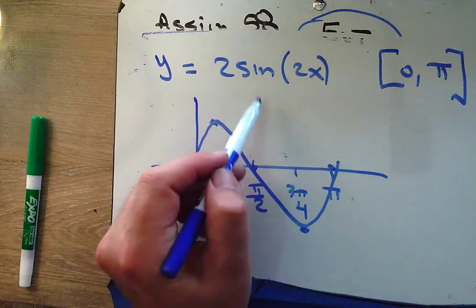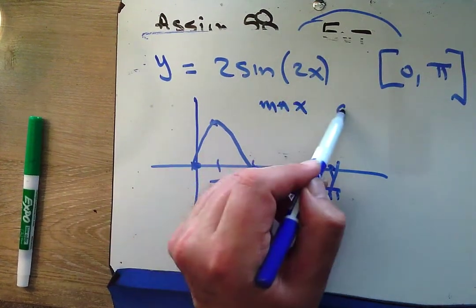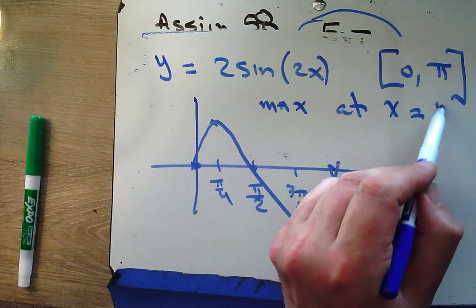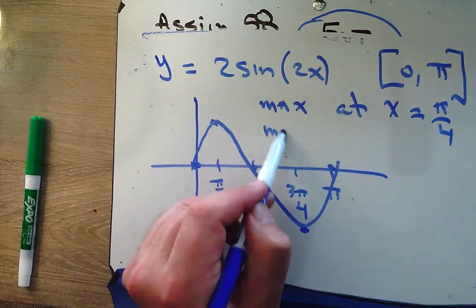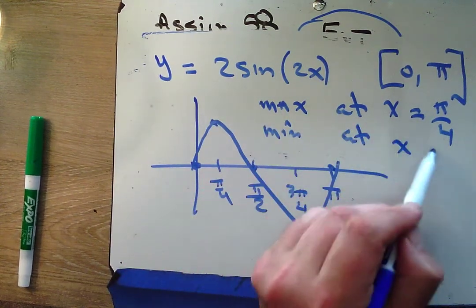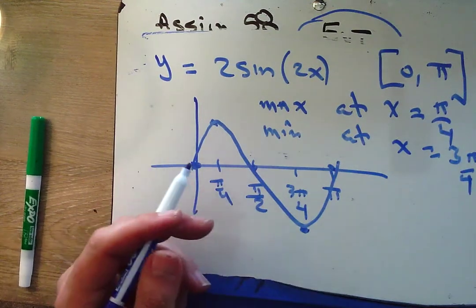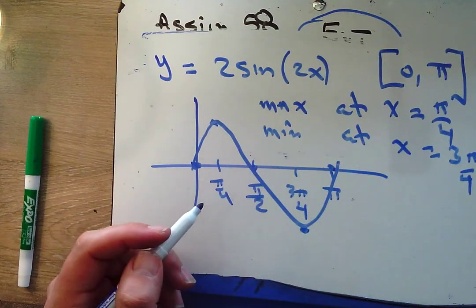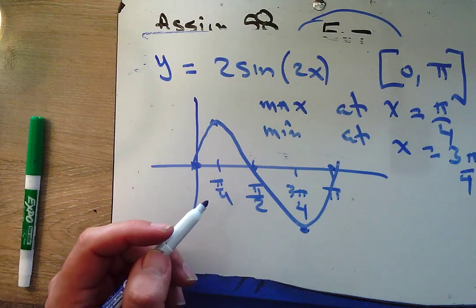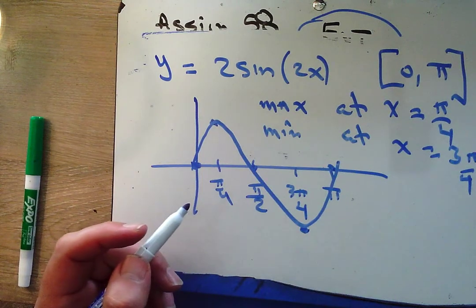And we have a max at x equals pi over 4, a min at x equals 3 pi over 4. Is that it? Why, no. I've just missed half the mins and maxes.